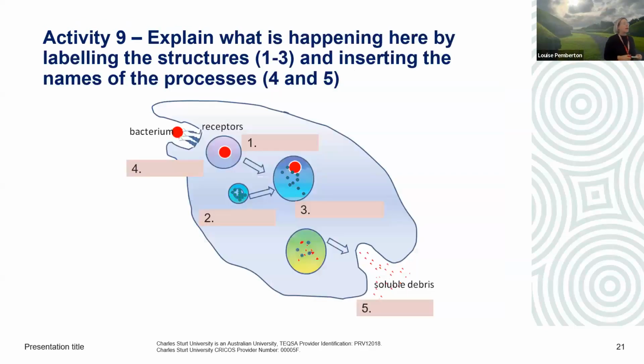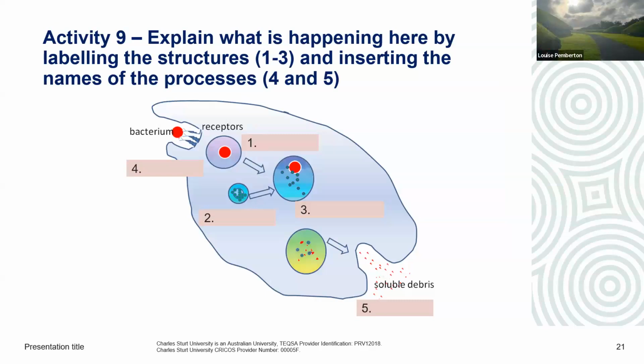All right. Now, just very briefly, what is going on here? Can you label the structures 1 to 3 and the names of the processes occurring at 4 and 5? Let's start with the processes. What's happening here? Phagocytosis. And what's happening here?